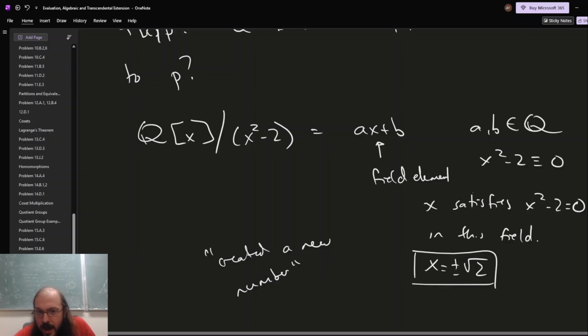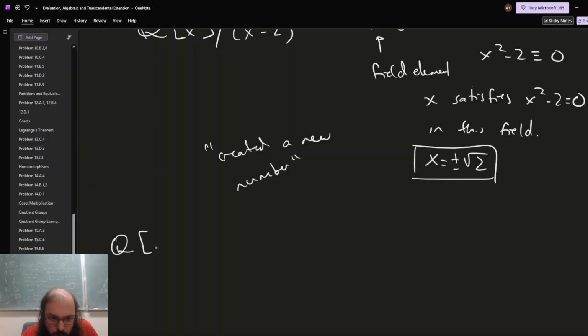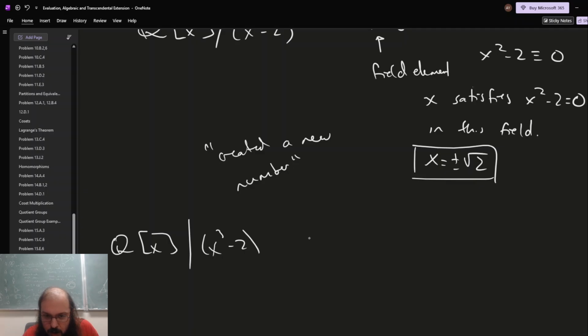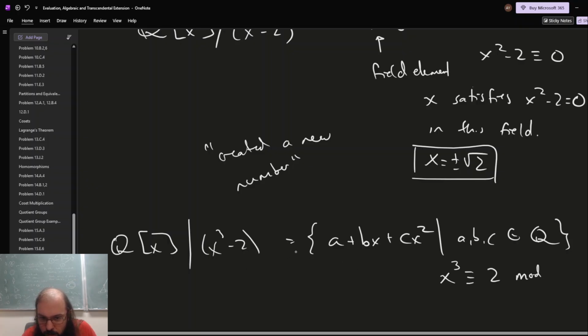So if I do this with higher degree polynomials, like instead Q[x] mod x cubed minus 2, then I get two classes of new numbers. I get all things of the form a plus bx plus cx squared, where a, b, and c are all rational numbers, because if I go up to x cubed, that is equivalent to 2 modulo that polynomial.